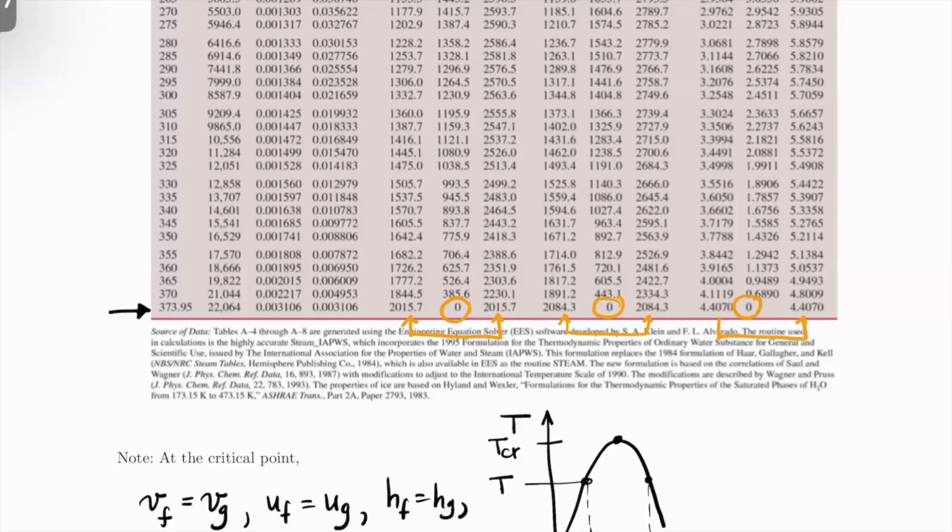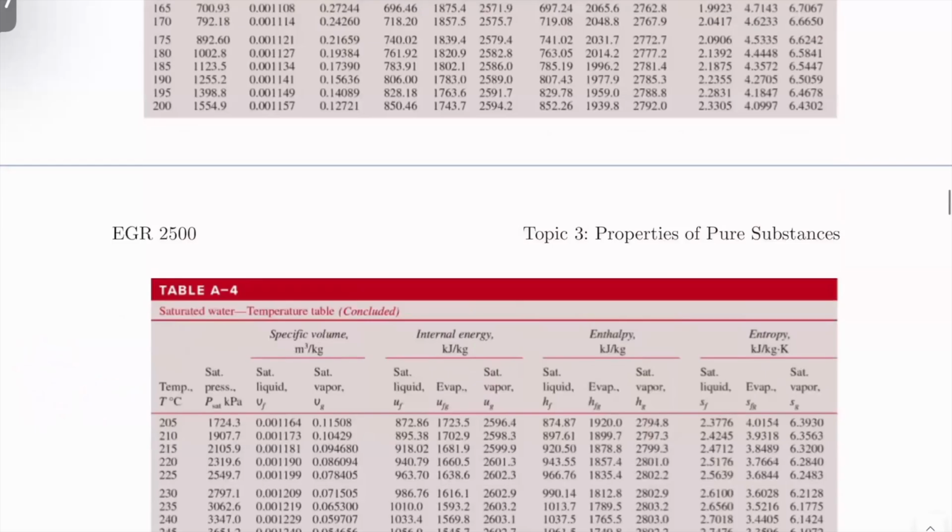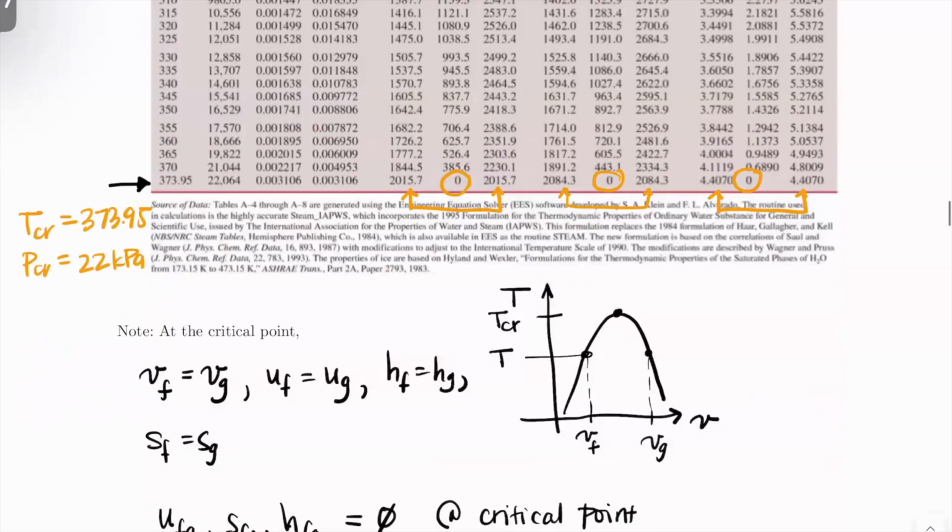So that means that this is the entry for our critical point. So T crit is 373.95. And then P critical is 22 kPa. No, sorry, MPa. Does that make sense? Okay.